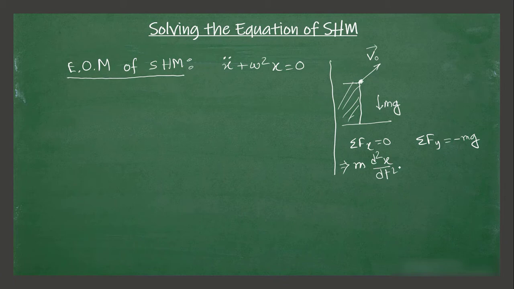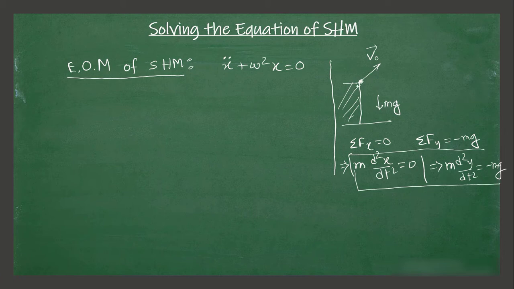So this is Fx, which is equal to 0, and for Fy we can write m times d squared y over dt squared, which is equal to minus mg. So these two are the equations of motion for this object, okay?